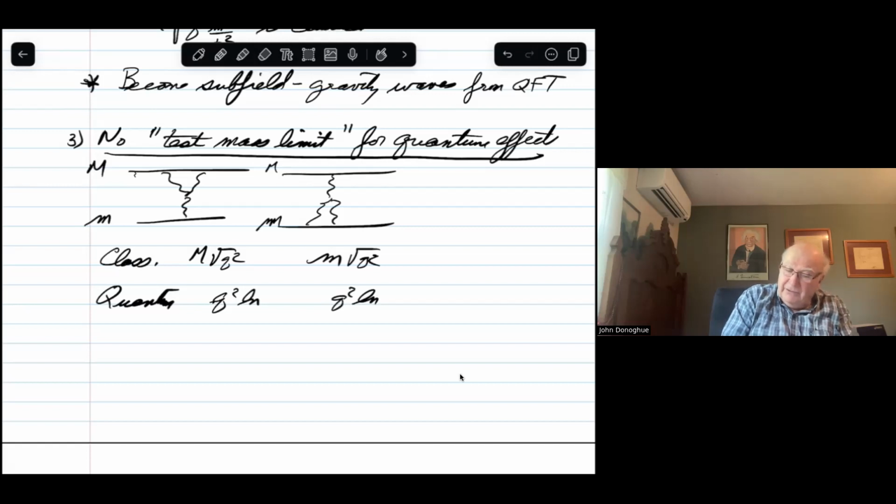And it's not too surprising because no matter how small this is, the graviton can propagate long distances, and you actually are feeling the potential at a different place. So you can't say that the light mass doesn't produce a disturbance in the field.